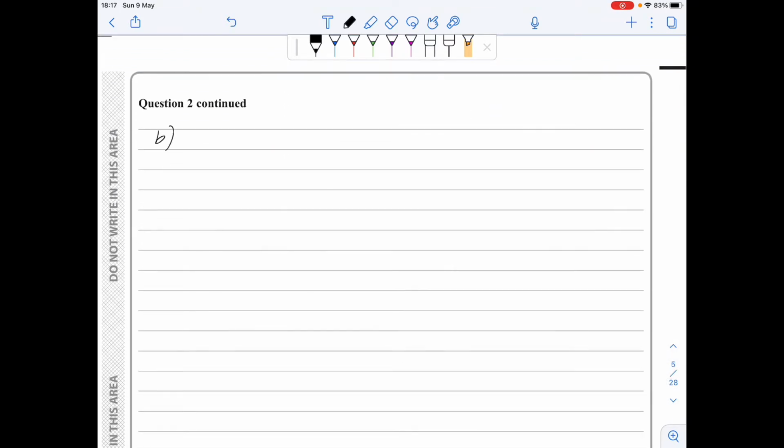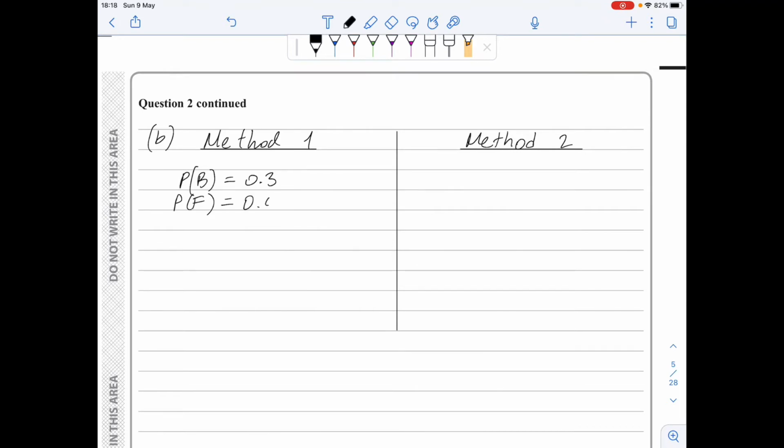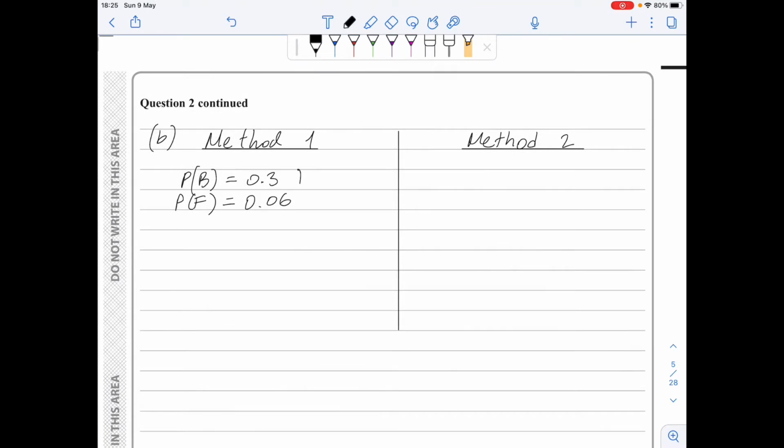For part B, there are 2 methods to show that they are not independent. Now, method 1 is more common. Probability B is equal to 0.3. Probability F is equal to 0.06. These are given. If I multiply these 2 together, I will get 0.018.